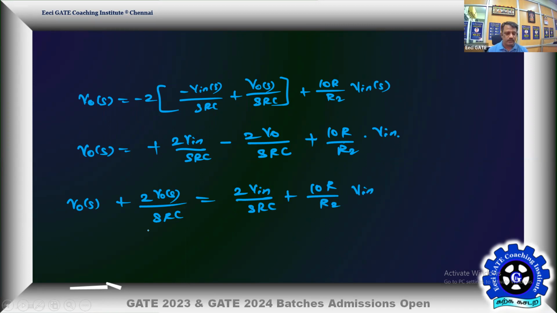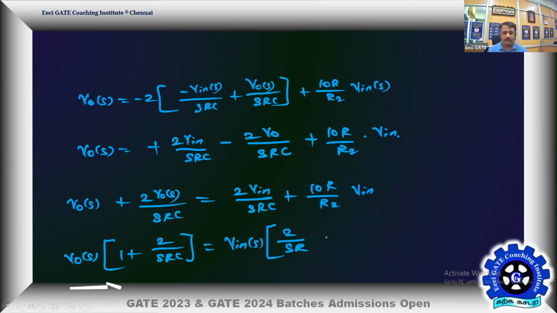Okay. So then take V naught of S common here. V naught of S is going to be 1 plus 2 by SRC. And here, again take V in common, V in of S. It is going to become 2 by SRC, otherwise I'll make it like 10R divided by R2 plus 2 by SRC.